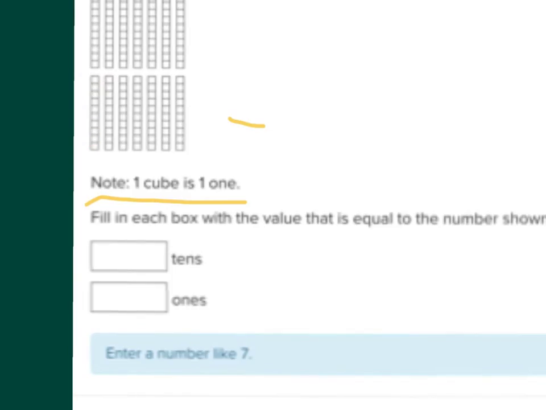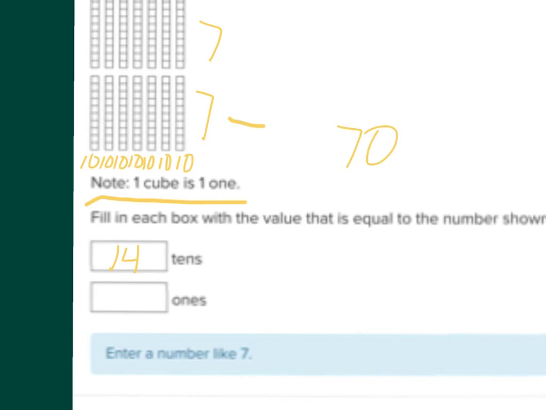There's 7 tens there, and you can tell that there's 7 more tens up there. So altogether there are 14 tens.